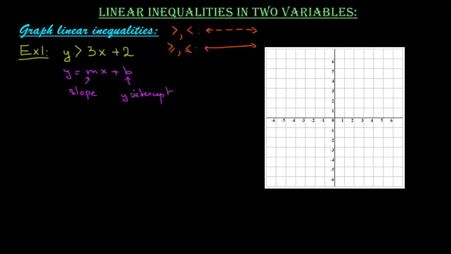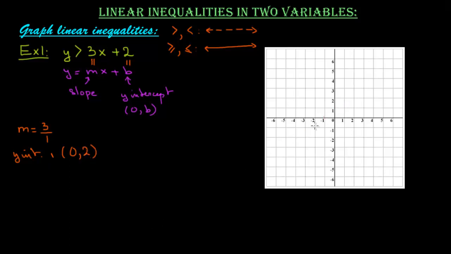The y-intercept is always in the form (0, b). So the slope is the number in front of x, so the slope equals 3. I'm going to apply rise over run, so I think of it as 3 over 1. The y-intercept is b, which is 2, so the y-intercept is (0, 2).